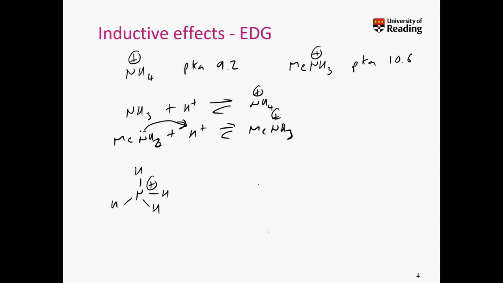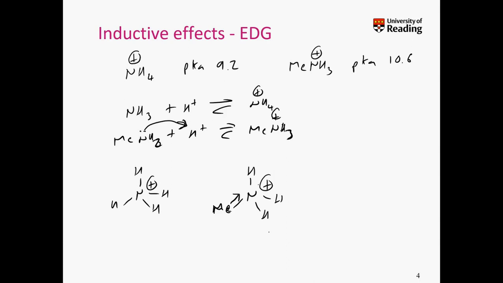This is what we would see in the ammonia example of the NH4+, but when we have the methyl group, the positive charge in this case is sitting on the nitrogen because it's used its electrons. From the work that Professor Osborne did with you, we know that, just like when you stabilize a carbocation, we can stabilize that nitrogen positive charge by pushing in electrons from that methyl group.